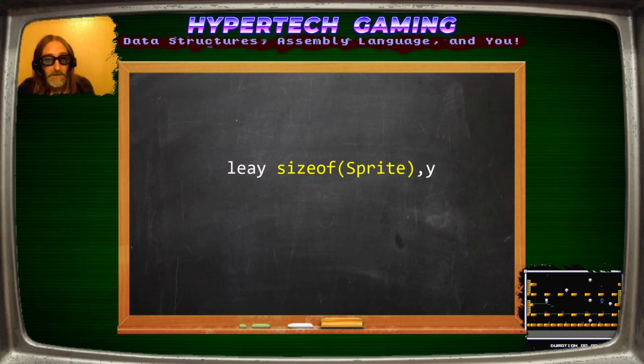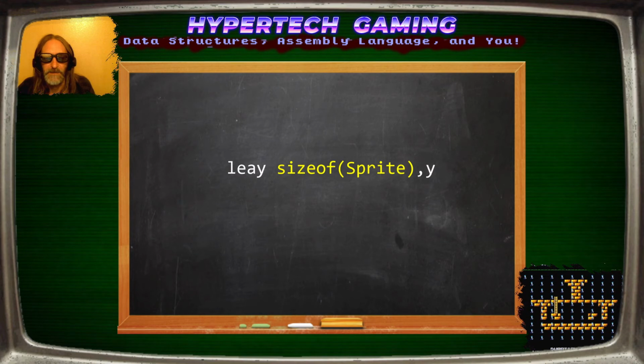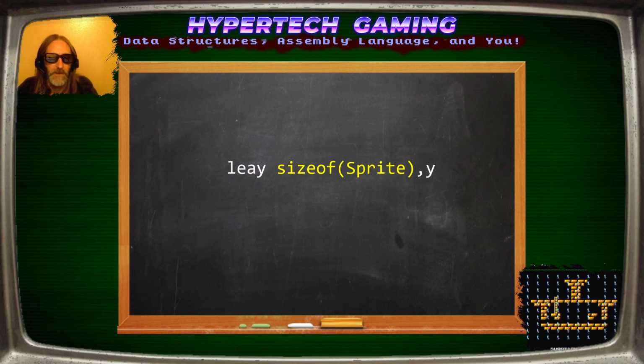So that's where the sizeof operator comes in, and again, this is similar to the sizeof operator found in high-level languages like C, where it's used to retrieve the size of a type, just like a data structure. In this case, we just do a load effective y and then a sizeof, and the name of either the global instance or the name of the type in parentheses, and that will return the size to us, and then of course comma y to go on to the next one.